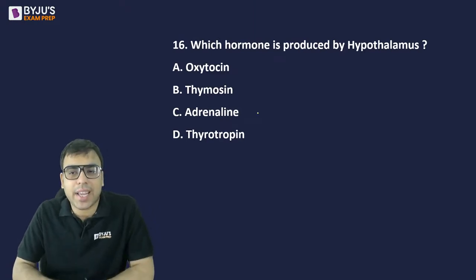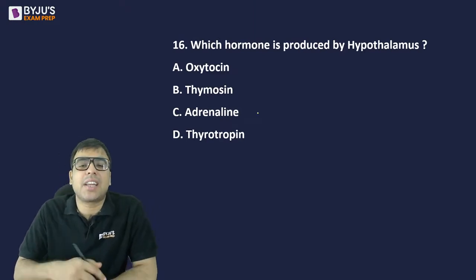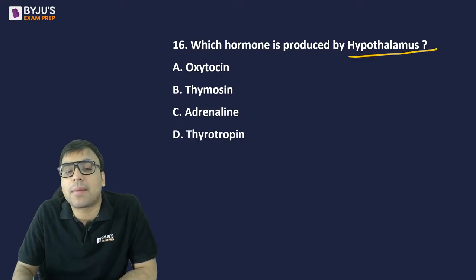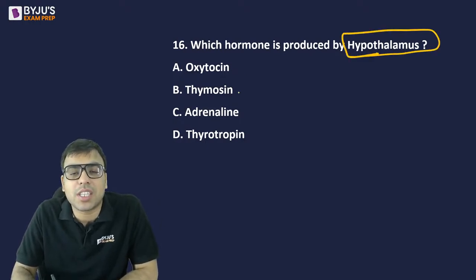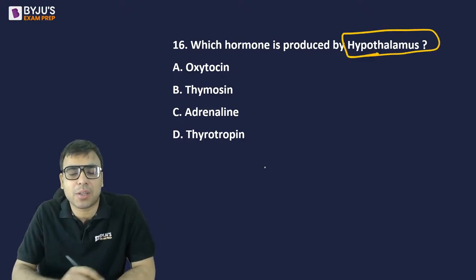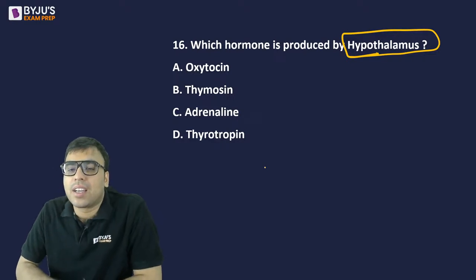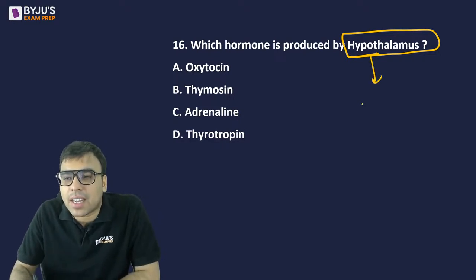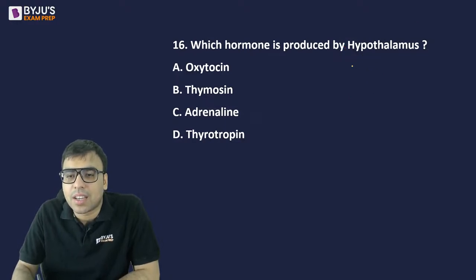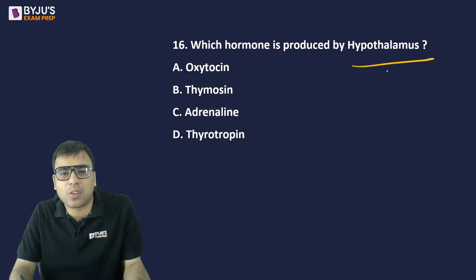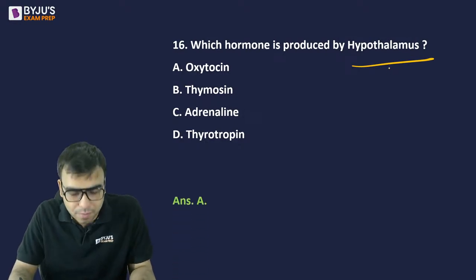The next one is question number 16. Which hormone is produced by hypothalamus? Oxytocin, thymosin, adrenaline, thyrotropin. So hypothalamus you will find it around brain, inside brain, है ना? Yes, around inside brain. So which hormone is produced by it?